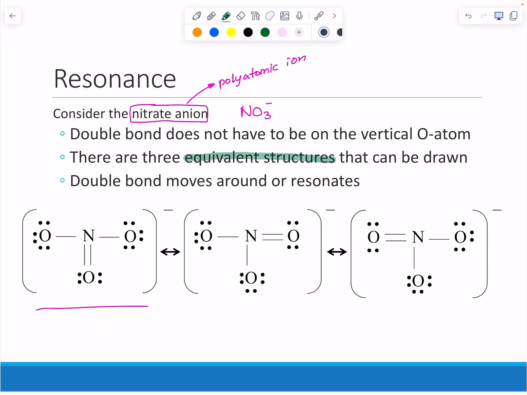So many times, there's going to be more than one way you can place the electrons and follow all the rules. In that case, the electrons in that double bond don't really always stay between these 2 atoms. Sometimes they're between these 2 atoms, and sometimes they're between those. What we call that phenomenon is resonance.